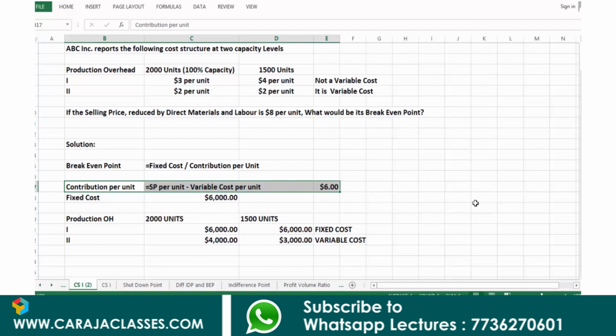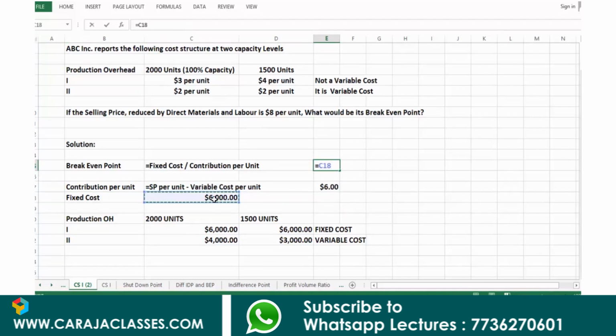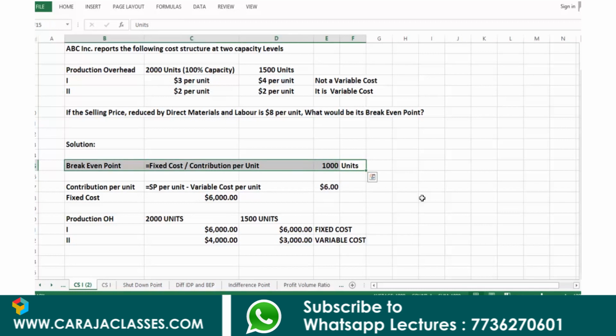So finding the break-even point shouldn't be a problem now, because break-even point is nothing but the fixed cost, which is $6,000, divided by contribution per unit, which is $6 per unit, and here you get the break-even point as 1000 units. That is, if the company manufactures 1000 units, it will not make a profit. At the same time, it will not suffer a loss either. So the break-even point here is 1000 units.